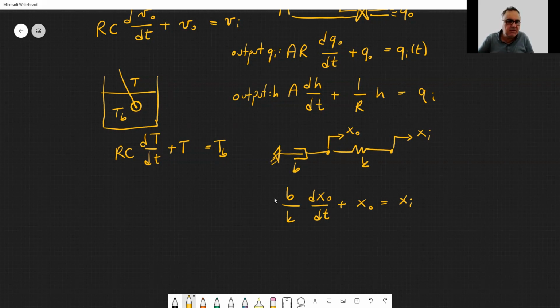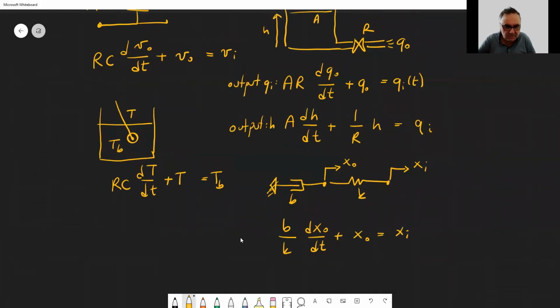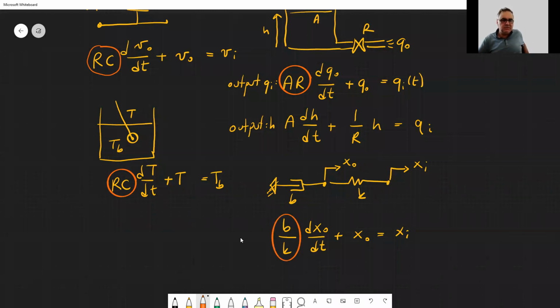So as you see, in all of these, we have certain parameters: this is RC, this is AR, this is RC again, this is thermal, and this is B over K, for example. Actually, all these things I have encircled can be called a tau, which is kind of the time constant of the system.